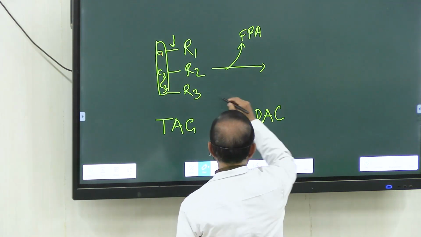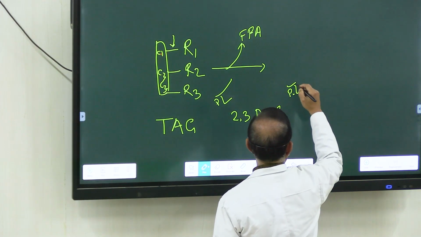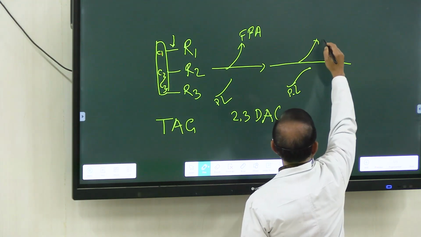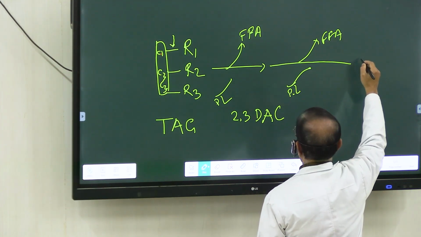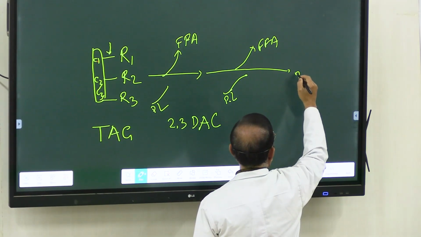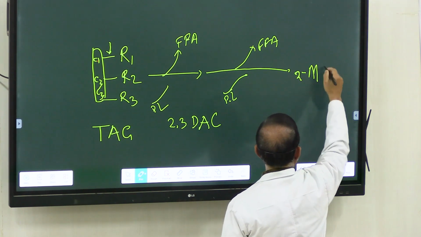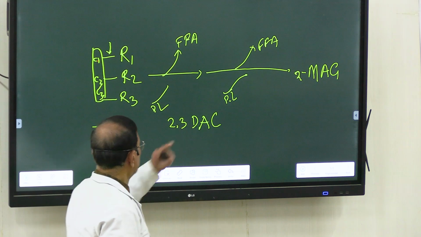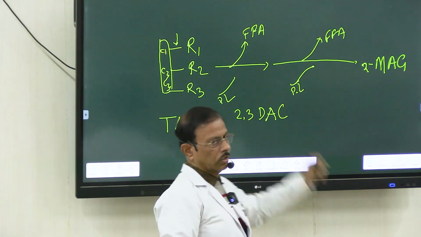Okay? Then again pancreatic lipase will act on the third carbon, releasing free fatty acid and 2-monoacylglycerol.